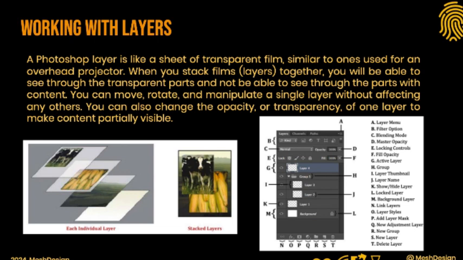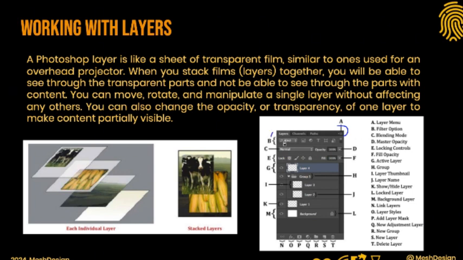And then the layer panel consists of various areas, and it's important you understand each area. So for A, this area here is the layer menu, and we'll see what the layer menu does. And then area B is the filter option.